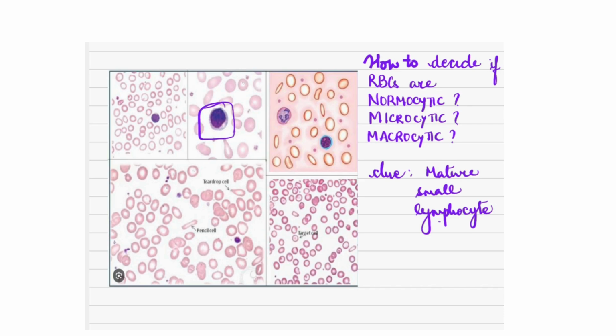For example, if this RBC is way smaller than the small lymphocyte, we can confidently say that this picture is microcytic.